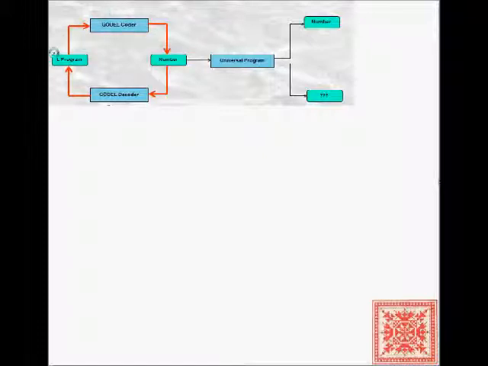In several previous screencasts, we talked about Godel coding and decoding, essentially the equivalent of modern compilation and reverse compilation. So the Godel coder takes an L program and compiles it into a natural number, whereas the Godel decoder takes that natural number and extracts the source of the program.